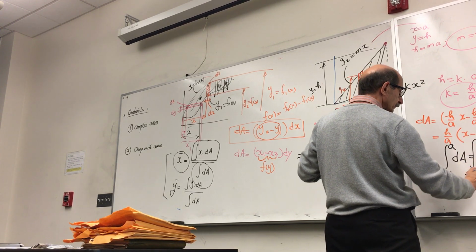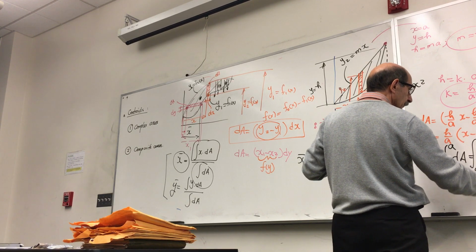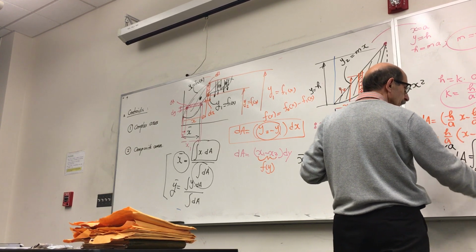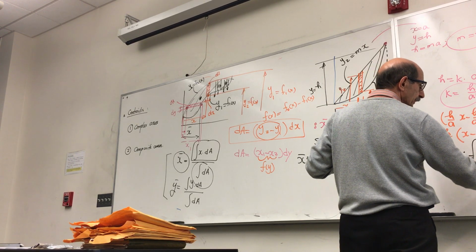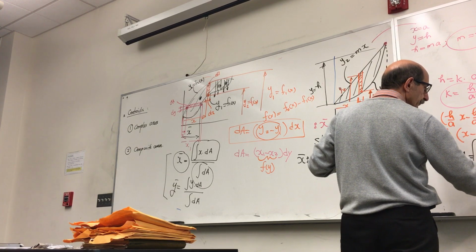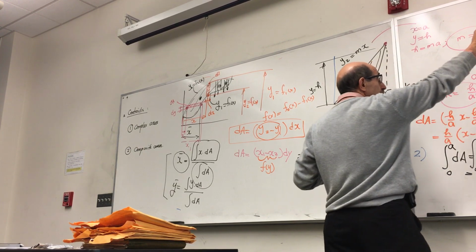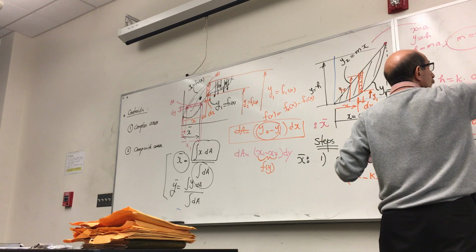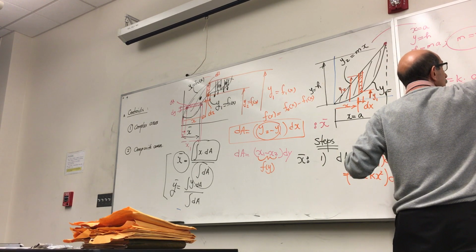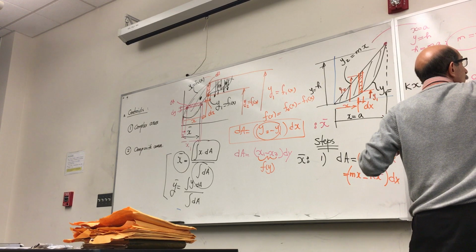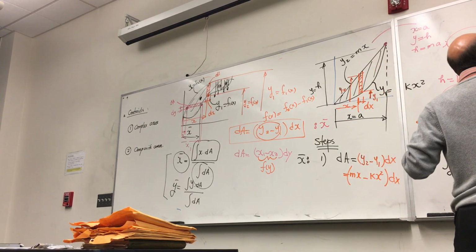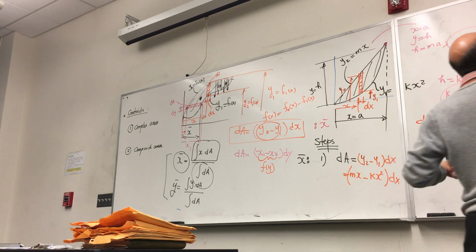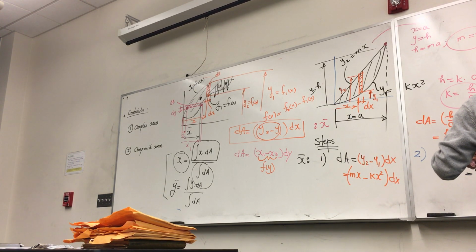Just perform the integration: h over a comes out of the integral, so you have the integral from 0 to a of x minus x squared over a dx. Perform this integration, you basically have x squared over 2 minus x cubed over 3a, evaluated from 0 to a.